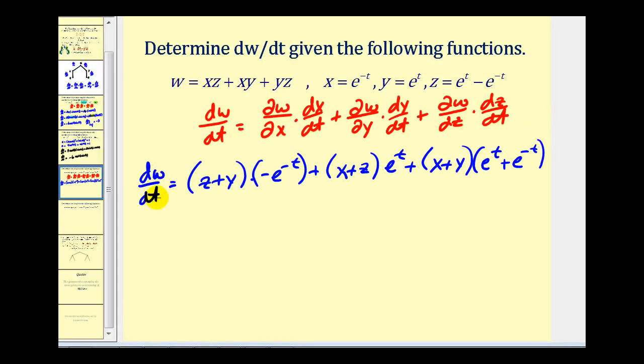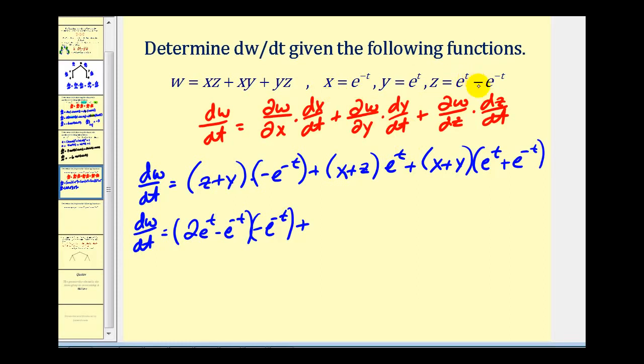Now that we have dw/dt, we're going to go ahead and write it in terms of t. So we'll perform substitution for x, y, and z. z plus y is going to give us 2 e to the t minus e to the negative t. Multiply this by negative e to the negative t, plus x plus z times e to the t.